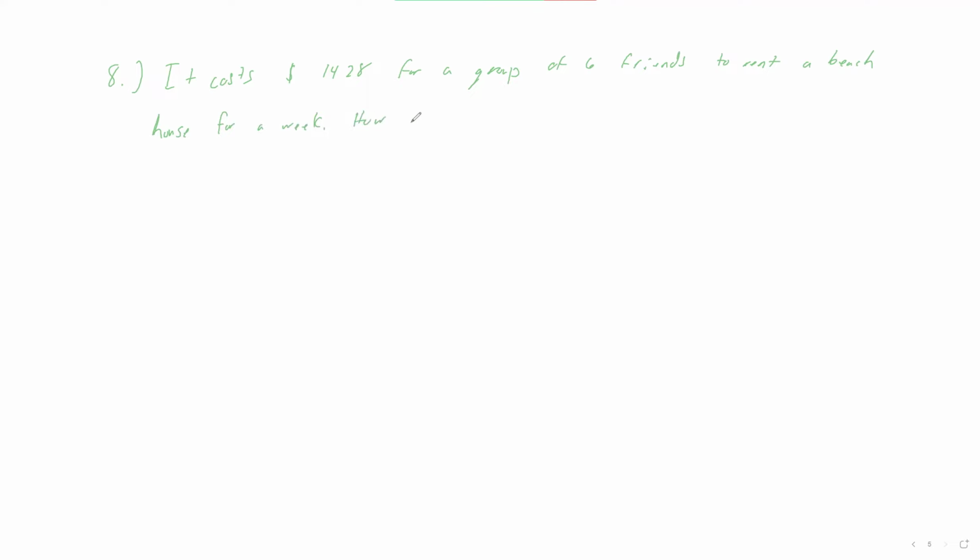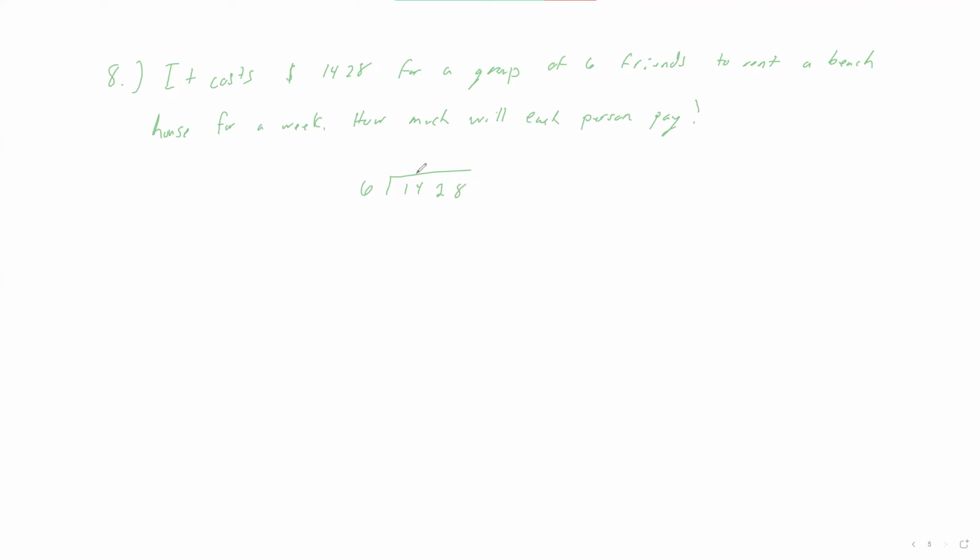How much will each person pay? So again, it costs $1,428 for a group of 6 friends to rent a beach house for a week. If they divide it equally, how much would each person have to pay? So we do 6 with the total price here and go through our process.